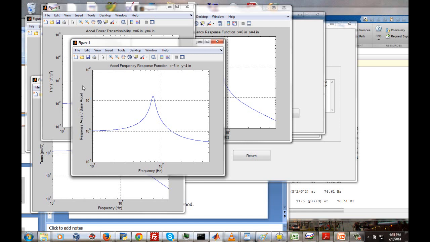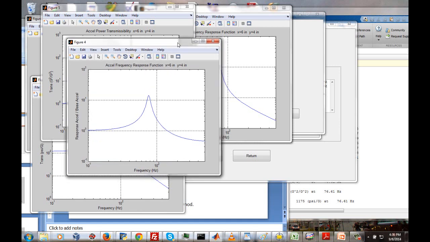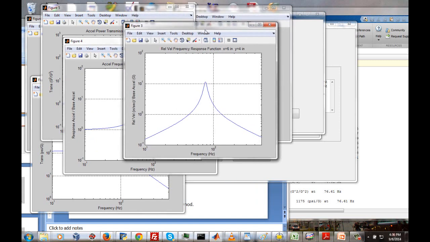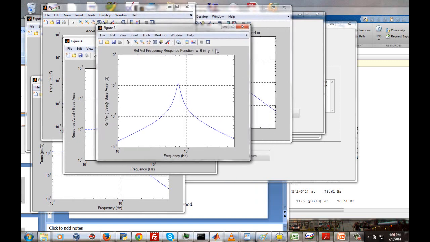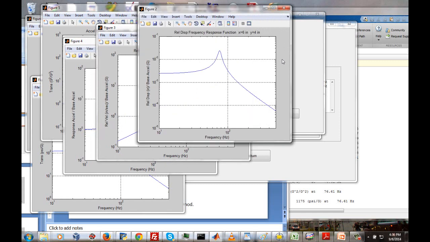And I'm making a mental note to myself that maybe I need to fix that a little bit to make those two y-axes for those two different transmissibility plots more consistent with one another, but you get the idea. Then the relative velocity frequency response function at the center, and the relative displacement frequency response function also at the center.